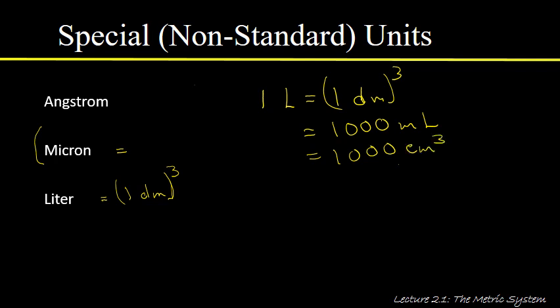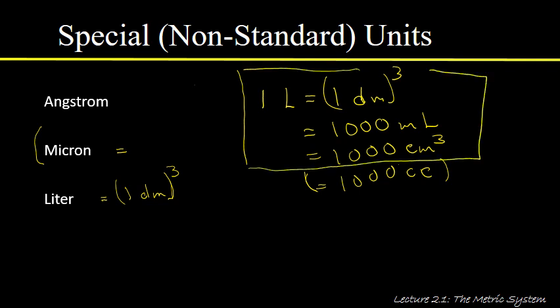Which is the same as 1,000 cubic centimeters. Which is the same as 1,000 cc's. Okay. We won't use, I'll put this one in parentheses. We won't use this one in this class, but you might see it in other places. And also I just wanted you to know what it was in case you hear it on TV and stuff like that.